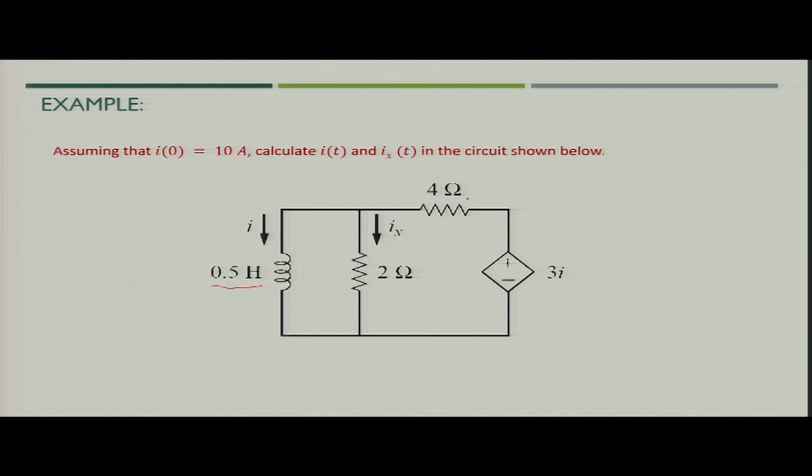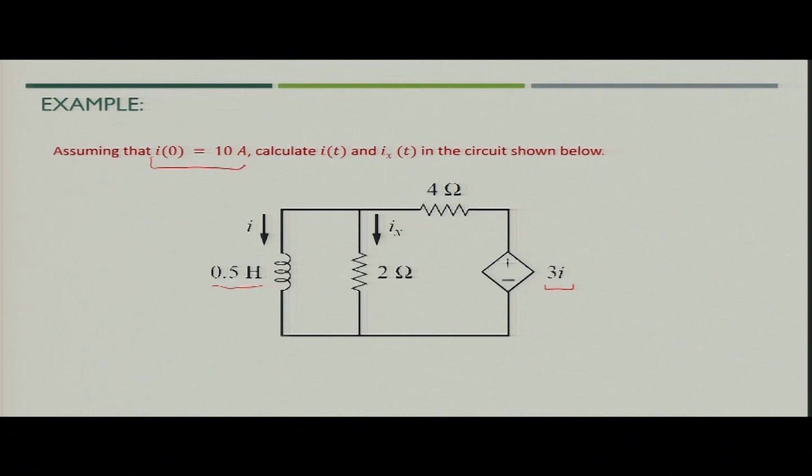Then we have 4 ohm in series with the parallel combination of inductor and resistor, which is connected in series with one dependent voltage source. The voltage source value given in the circuit is 3I, so the current component depends upon the current flowing through the inductor.